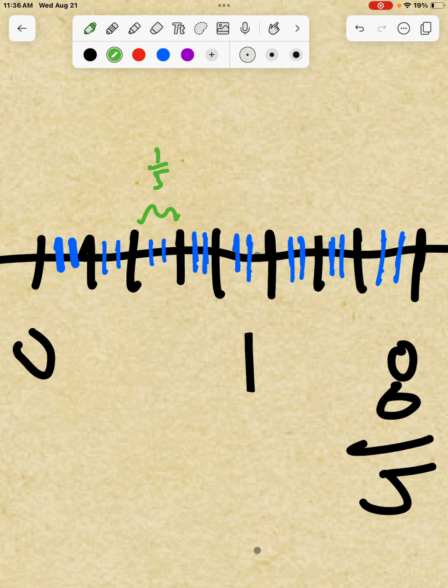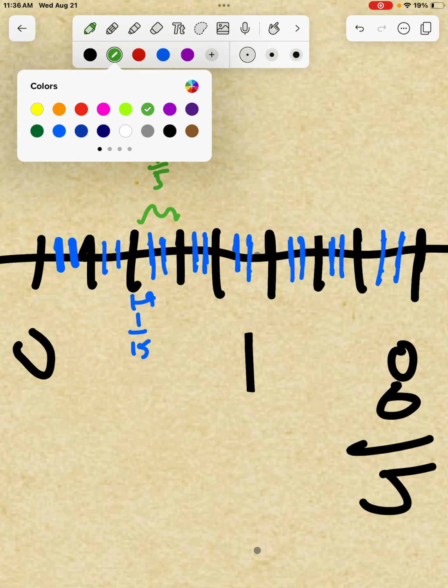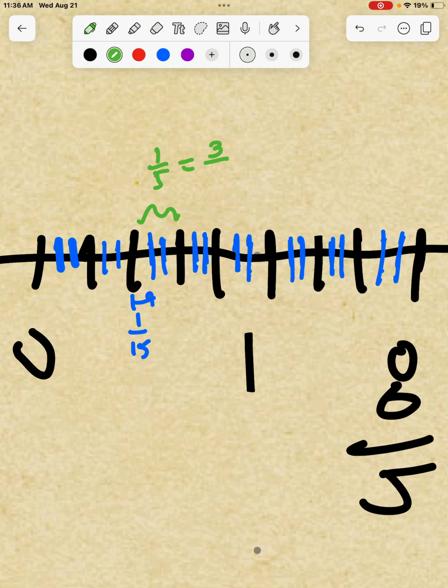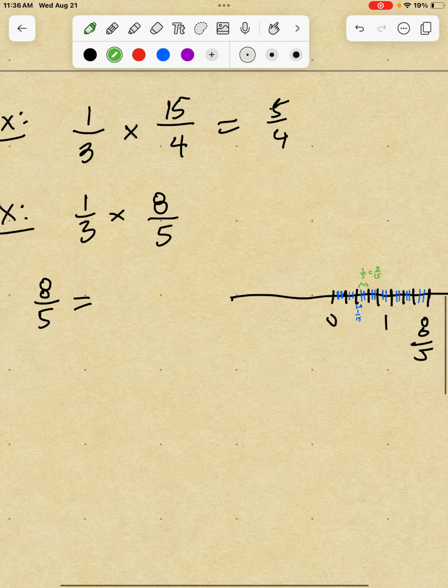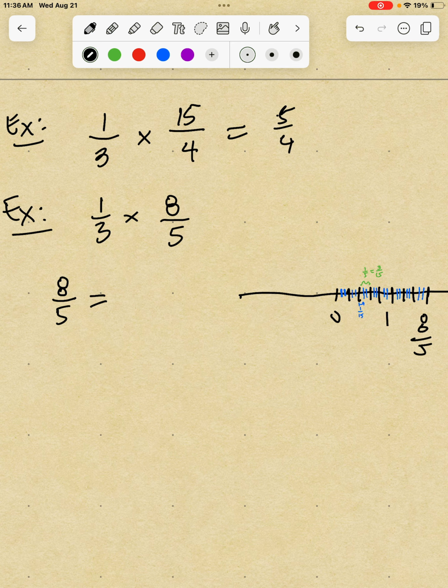And so each piece is 1/15. Another way to see it is that 1/5 is the same as 3/15. So if you split it into 3 pieces, you get 1/15. Okay. So 8/5 is 24/15.